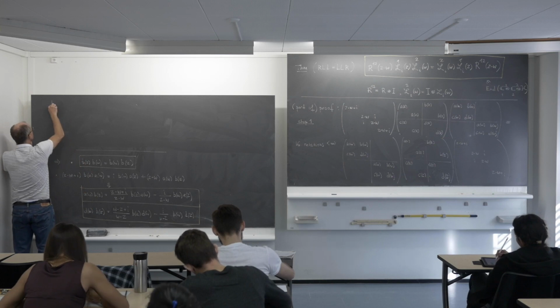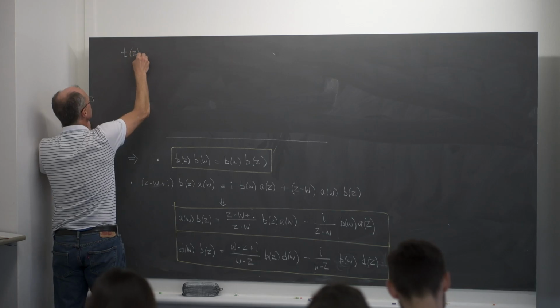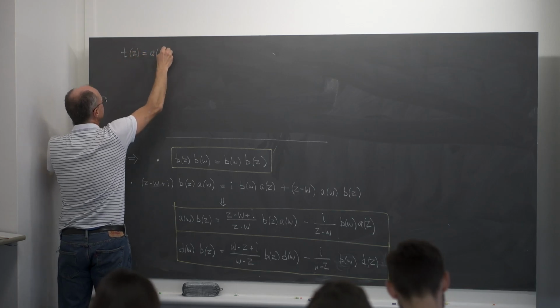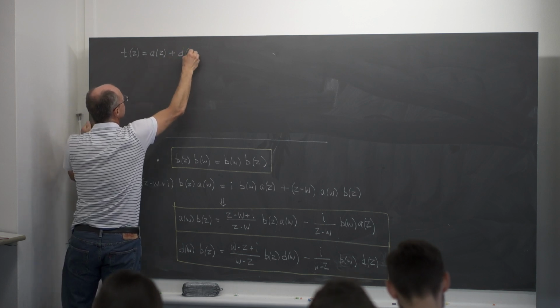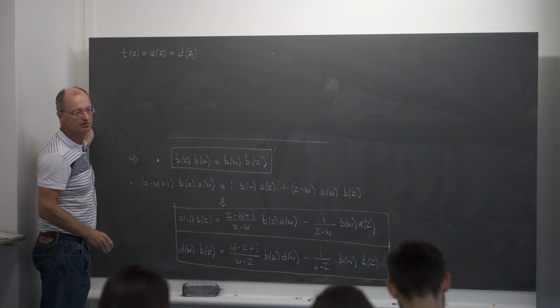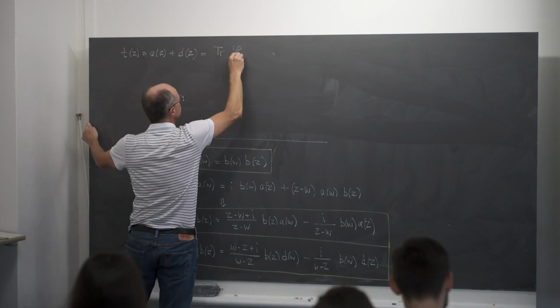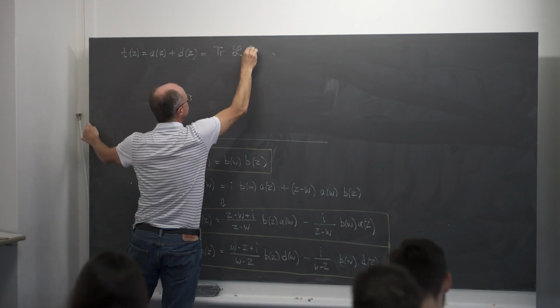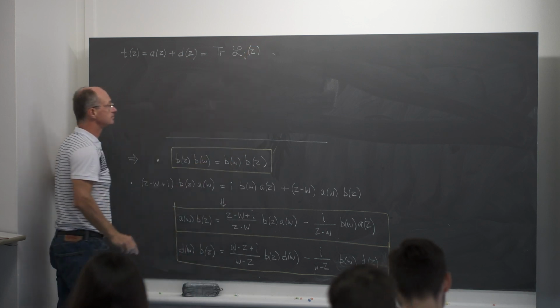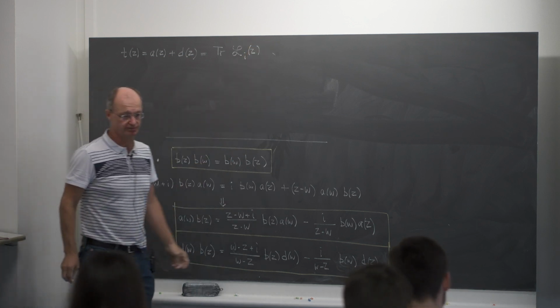So let's introduce a new notation for A of Z plus D of Z. This is actually the trace of the matrix L of Z.